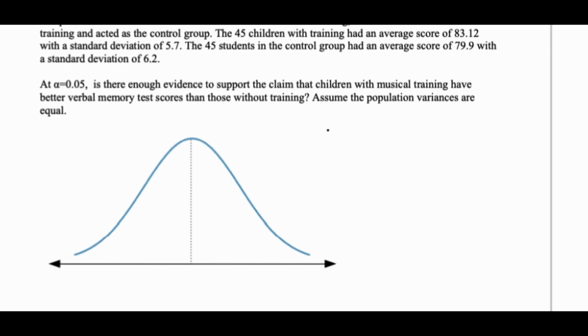Alright, so let's say mu1 represents the population mean score for the musically trained kids.